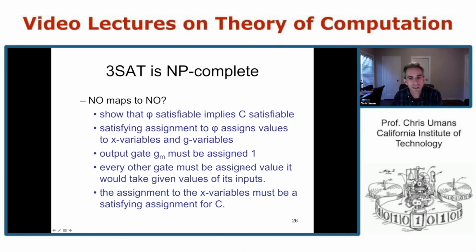Therefore, that assignment to the x variables had to have been a satisfying assignment to the circuit C. And so that shows the other direction of the reduction, the other half of the argument that if the circuit was unsatisfiable, then phi had to be unsatisfiable, and we proved that by proving the equivalent contrapositive, that if phi was satisfiable, then that implies the circuit is satisfiable. And that's the whole reduction.